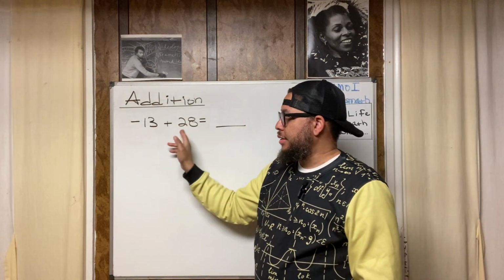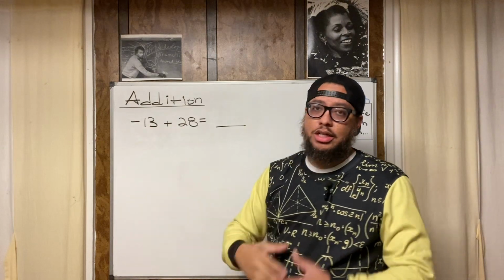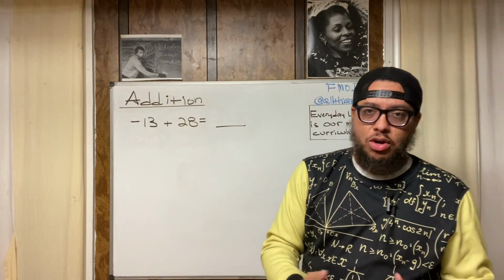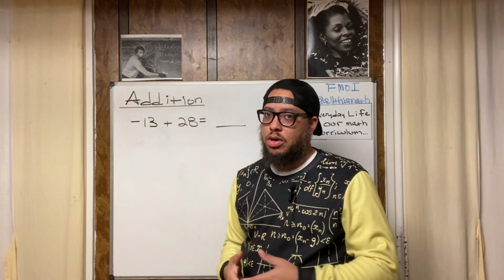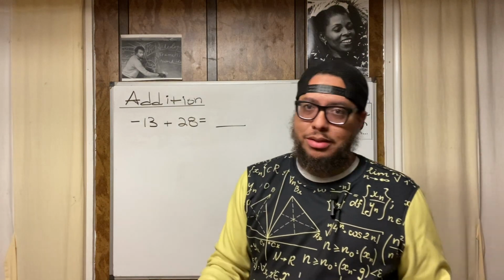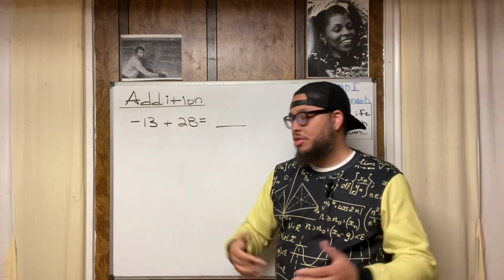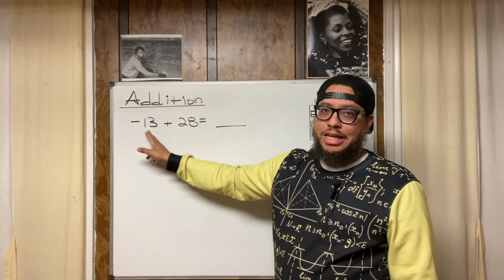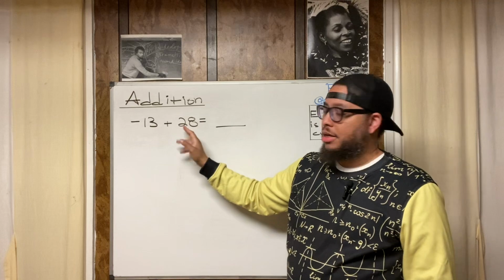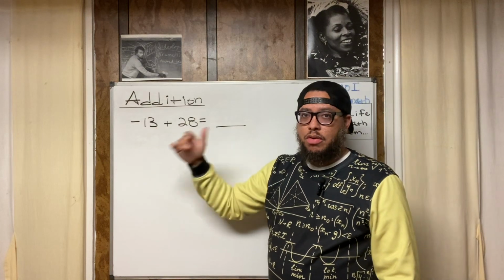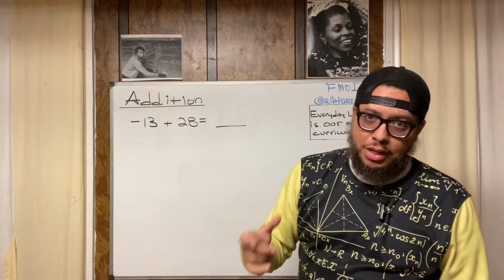These are our add-ins. In an addition problem, you have terms that are called add-ins. Some textbooks call them sum-ins. It might be called some other things that I'm not aware of. But negative 13 is an add-in, 28 is an add-in. When we add numbers together, our result is called a sum.